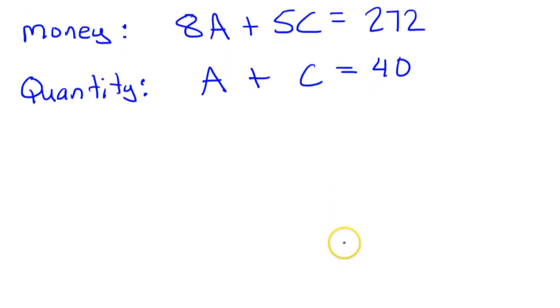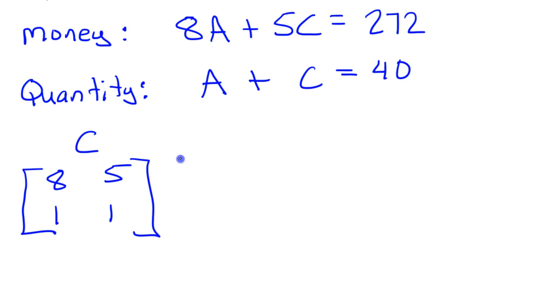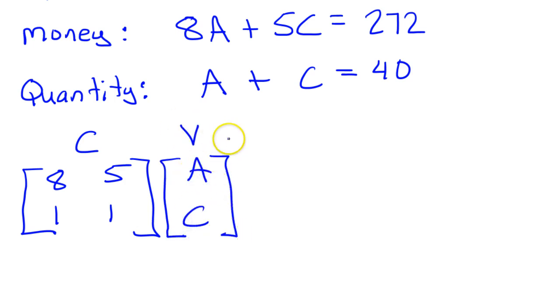So now we can solve this by making matrices. Let's start off with a matrix made out of the coefficients of these variables. So we have 8, 5, 1, and 1. That's our coefficient matrix. All right, and then we have A and C. That's our variable matrix.